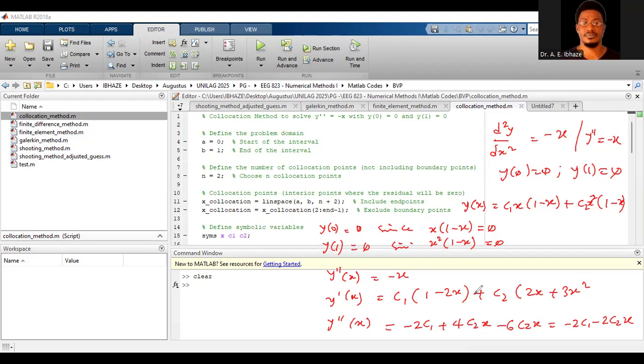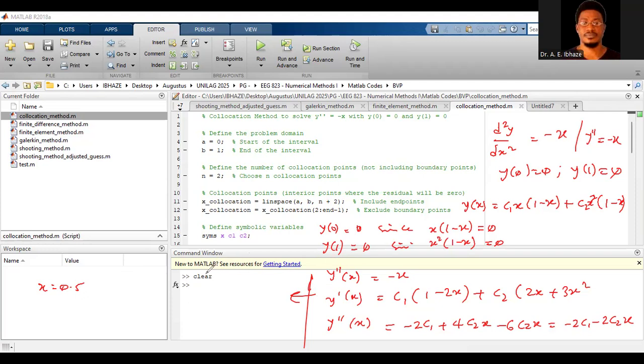Now, we choose a collocation point within the domain where the residual, that is the error between the trial solution and the differential equation, will be 0. Commonly, for the quadratic polynomial, we choose the midpoint of the interval, 1/2, that is 0.5.